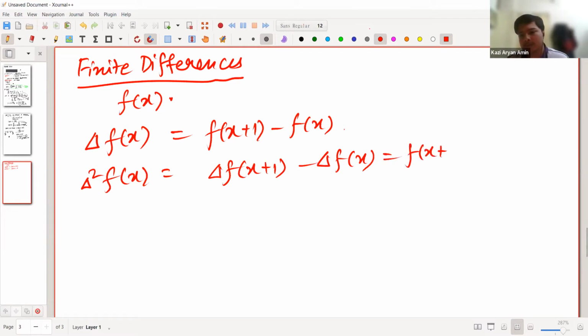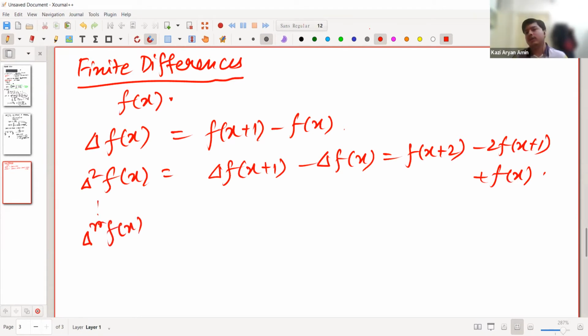This comes out to be f of x plus 2 minus 2 times f of x plus 1 plus f of x. And we can define the rth forward finite difference of f of x similarly.